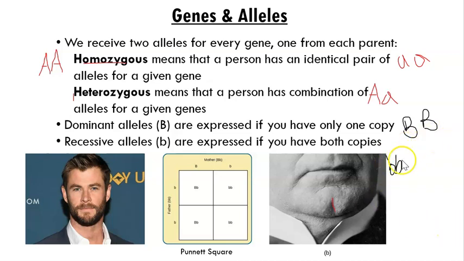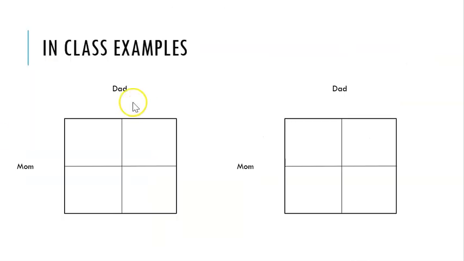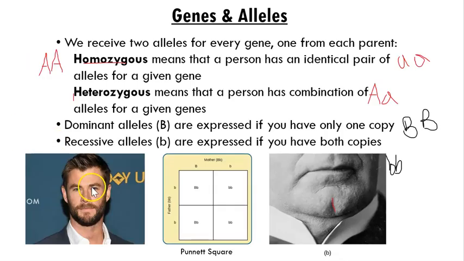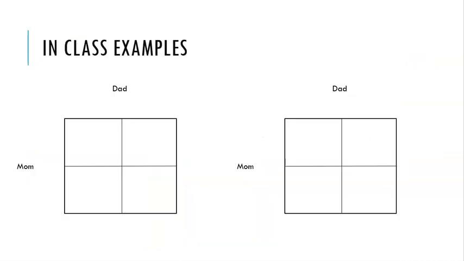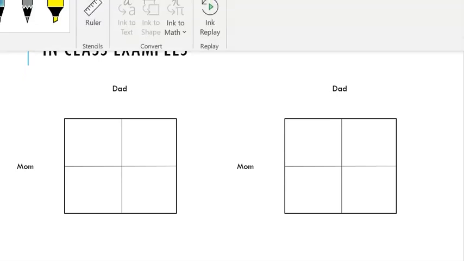So how do you decide if your parent has it or not? Let's go over that. Let's talk about a widow's peak. If we go back to this image, that's what Chris Hemsworth has here, that little V on your head. Having a widow's peak is dominant, so we're going to call that a W. Let's say dad has one.